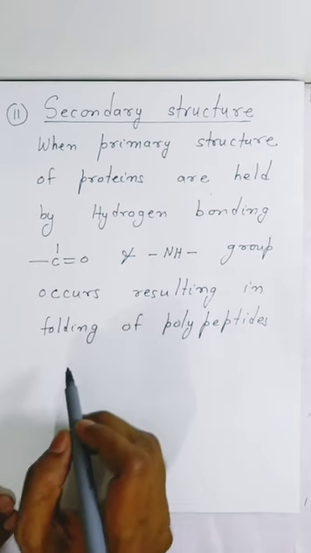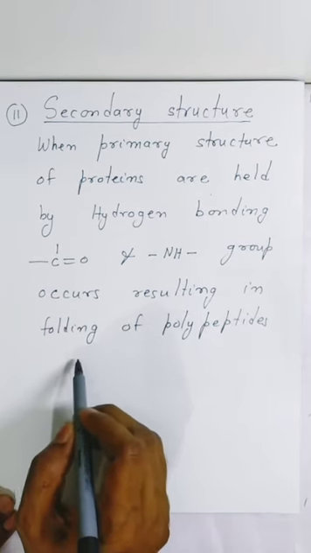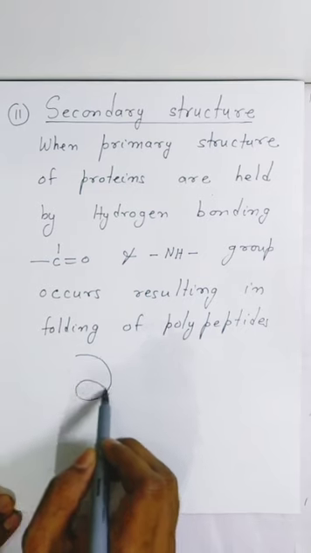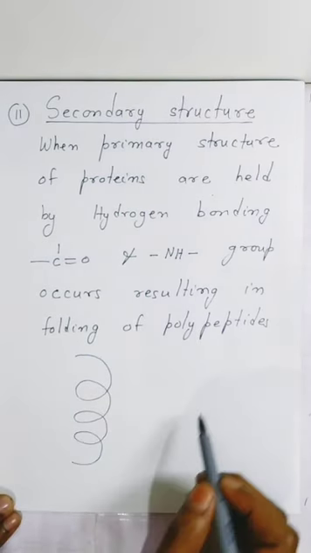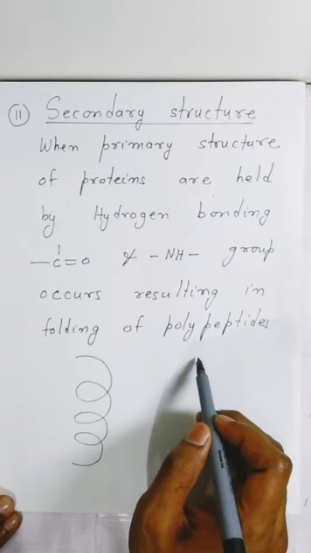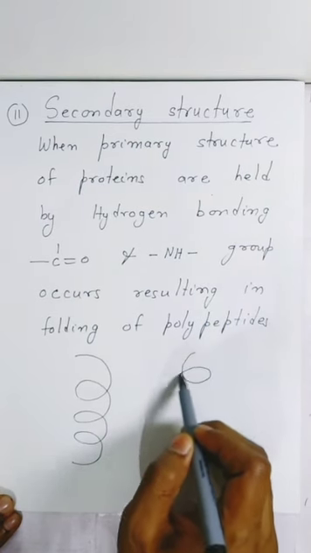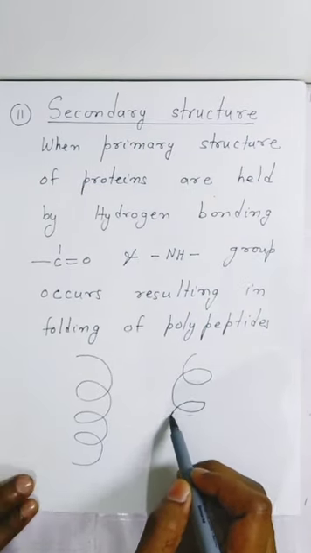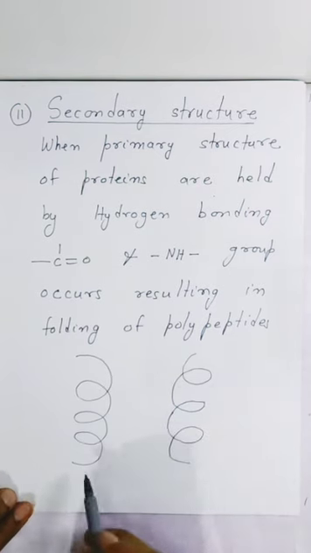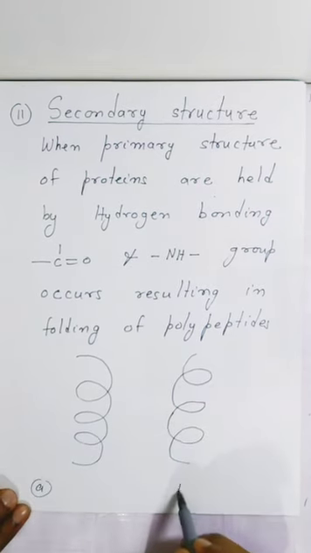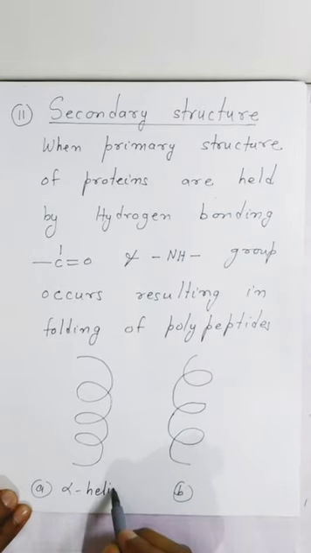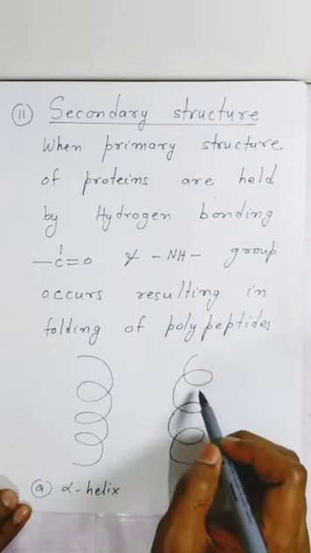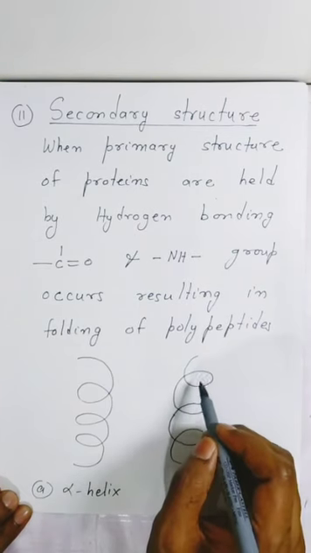The first one we will see is the structure. It may be like this. There are two types of helix, students. This is alpha helix. Now here the hydrogen bonding, students.